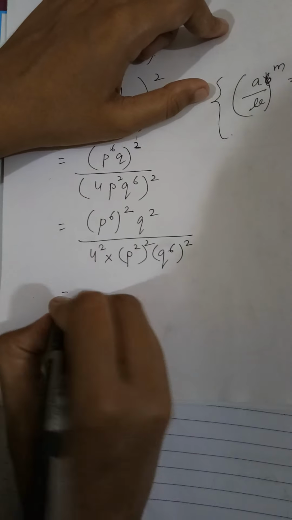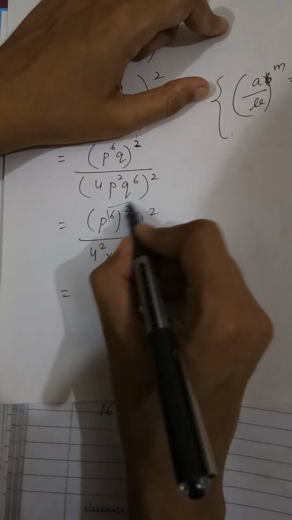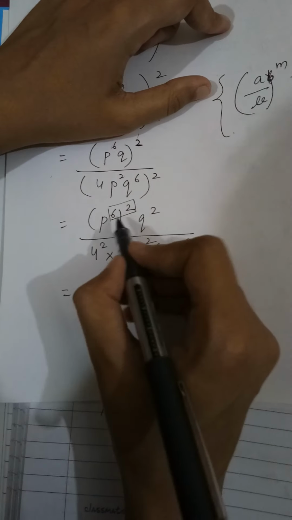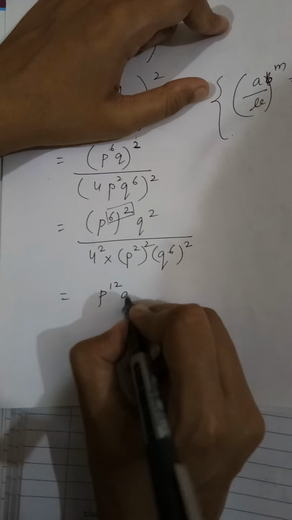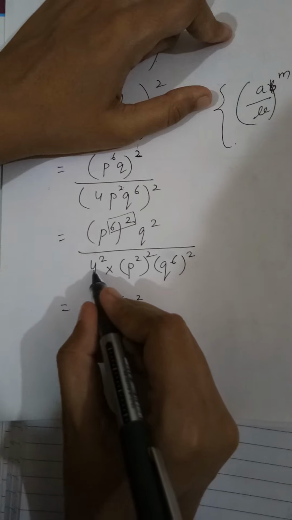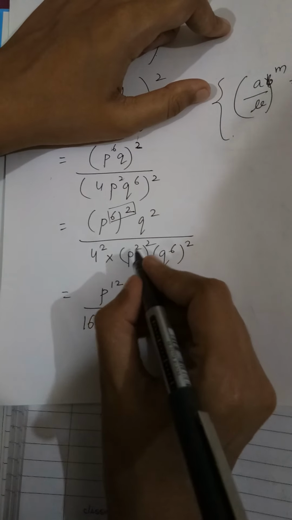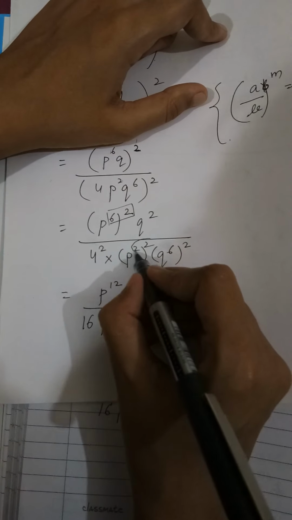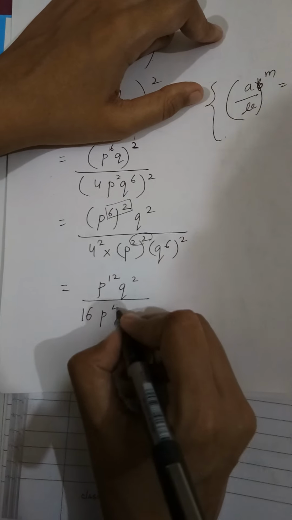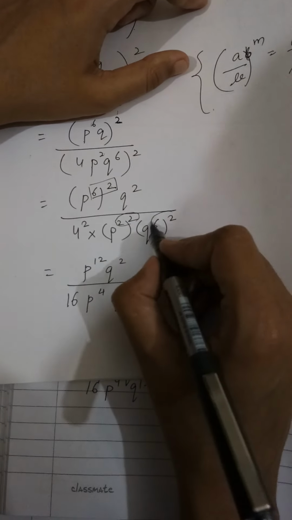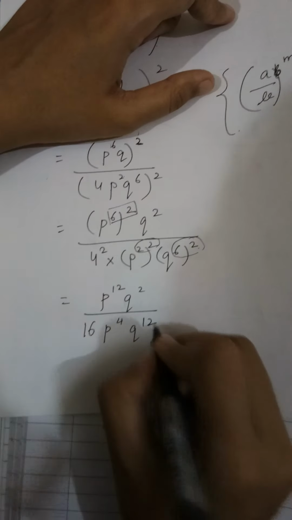Now when 2 powers are there we are going to multiply. 6 2s are 12, q square divided by 4 into 4, 4 square means 16. Now what is p? You are going to multiply these two: 2 2s are 4, q to the power, multiply these two, 6 2s are 12.